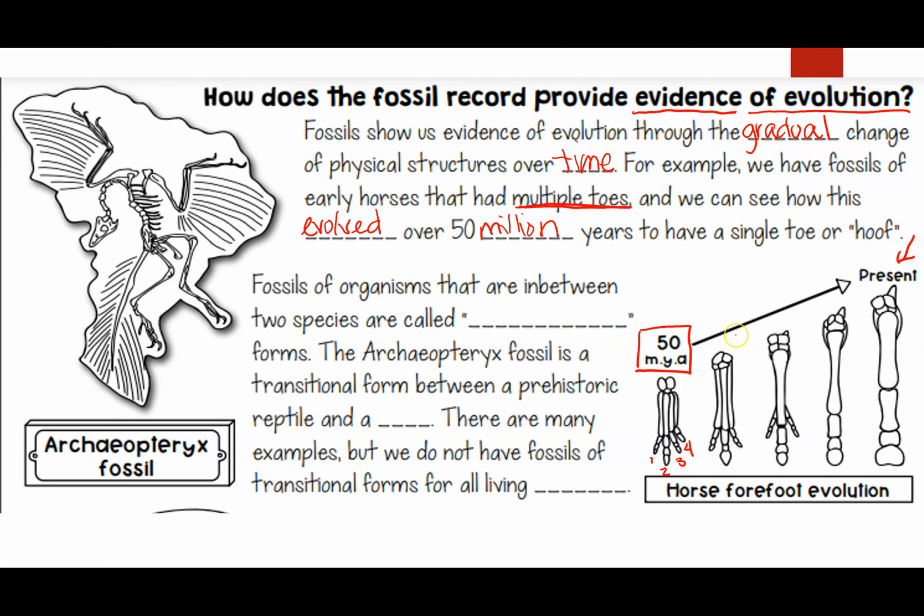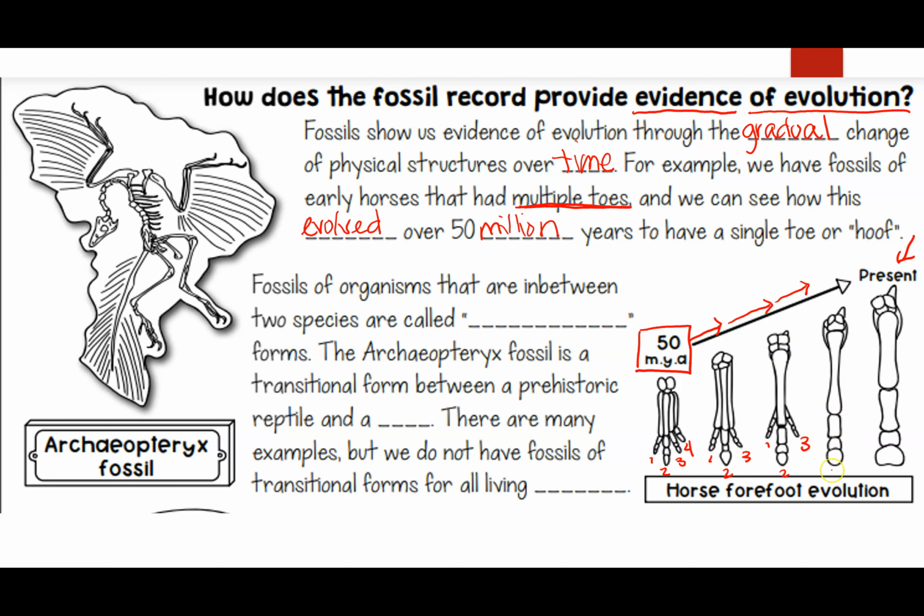And then as we get younger, we have one that only has 1, 2, 3 toes. We get a little bit younger. We get a longer leg and a longer middle toe. 1, 2, 3. And then eventually those other 2 toes are gone.